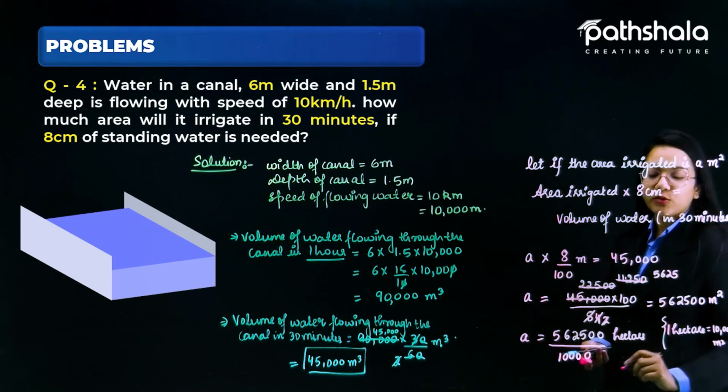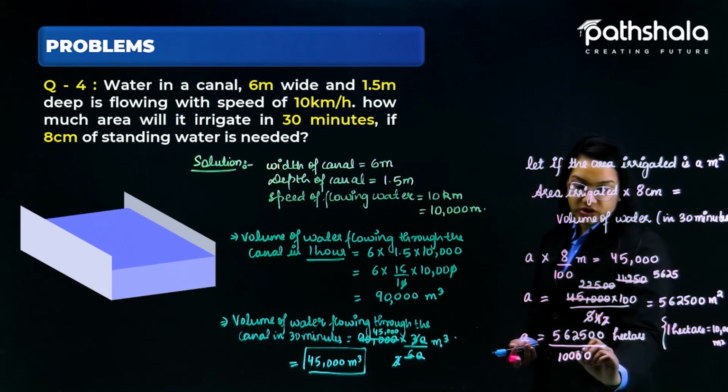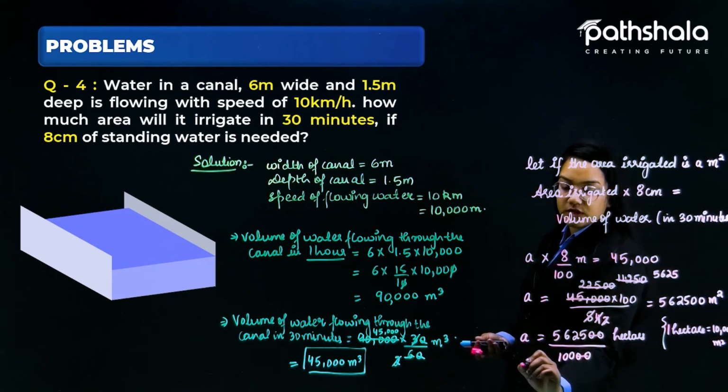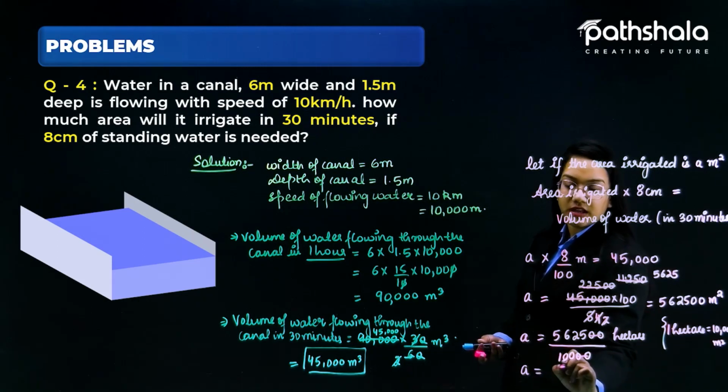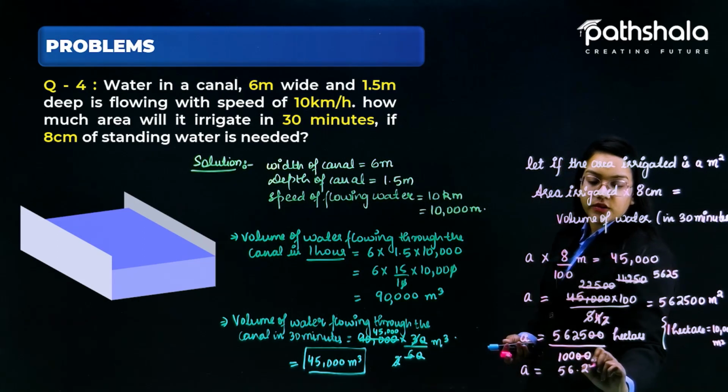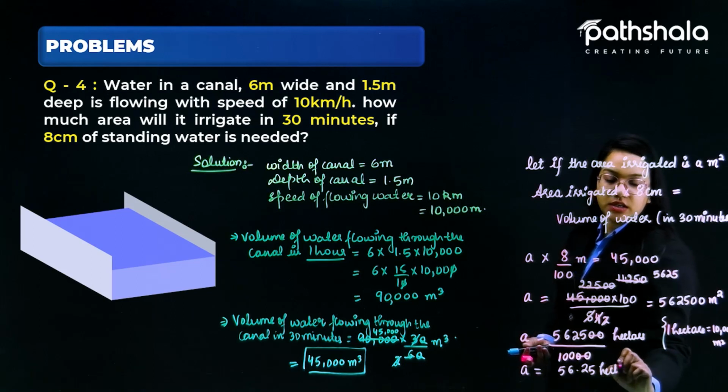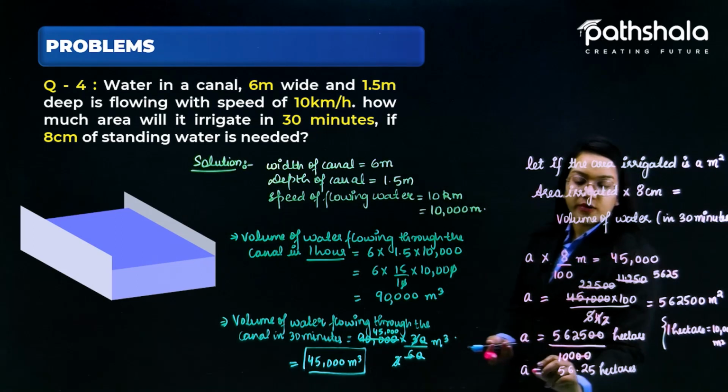We are using this concept here. Cancelling out the values, A is equal to 56.25 hectares.